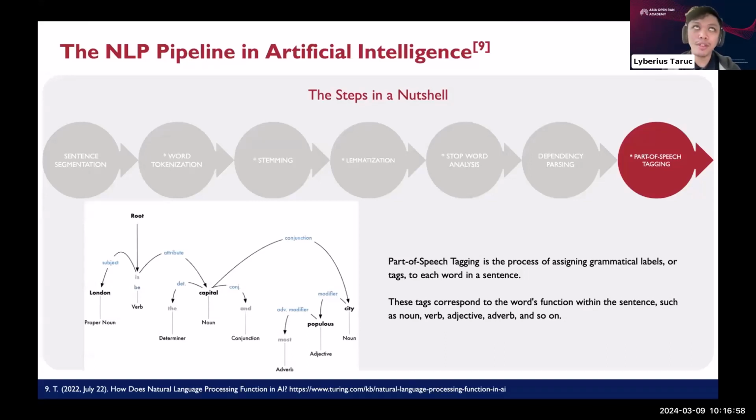Because in some examples, I know a bit of Japanese here, so I know that the structure of the Japanese language is not subject, verb, object. It's more like subject, object, verb. So it's different.